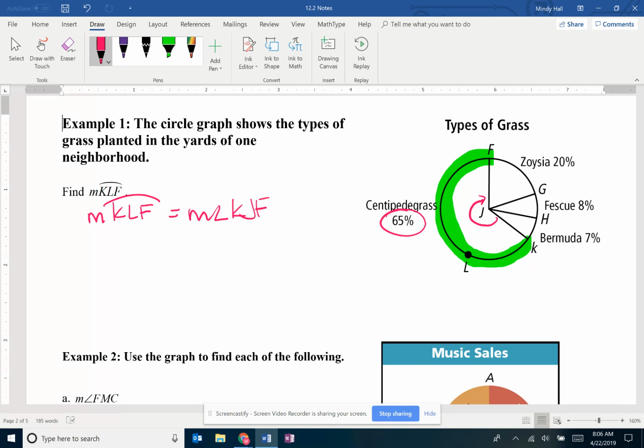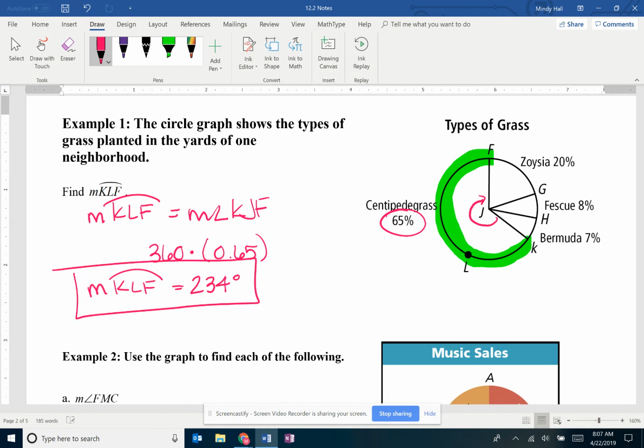And so then I would do 360 degrees times my percentage, which we write as a decimal, so that'd be 0.65, because we're just looking at 65% of that circle. And so then that gives me that the measure of arc KLF, don't forget the little symbol, is 234 degrees.